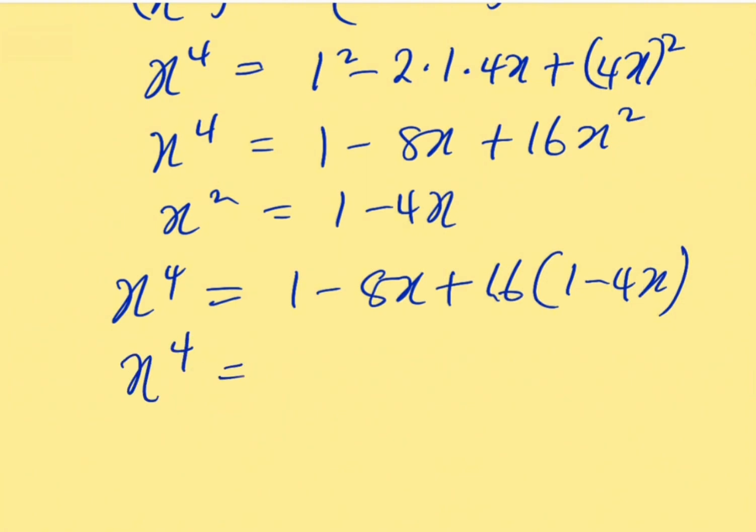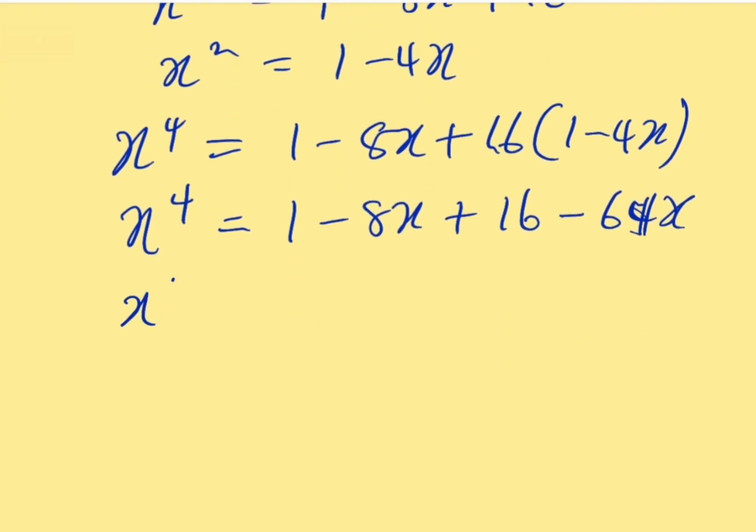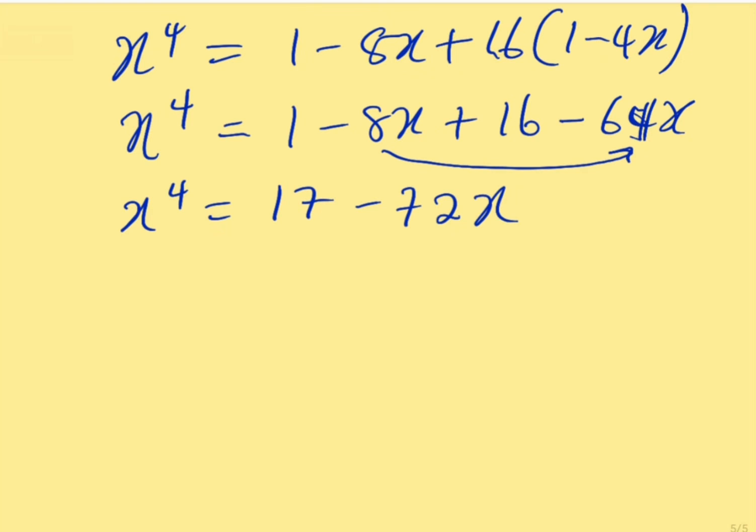So x to the power of 4 is 1 minus 8x plus 16 times 1 is 16, minus 64x, right? Then x to the power of 4 is equal to 1 plus 16 is 17, and minus 8x minus 64x is minus 72x. Let us square again because our target is to get x to the power of 8.